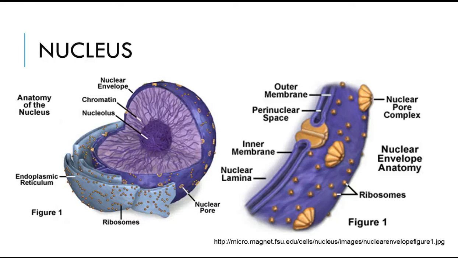In addition to the chromatin, there's generally one or two clusters that are easier to see with a transmission electron microscope, a dark staining area inside of the nucleus, which is called the nucleolus. Sometimes if you're just learning this, it almost looks like that might be the nucleus and the rest would be the cell. But here's the thing, it's not. The nucleolus is not membrane bound. It's just a concentration of molecules.